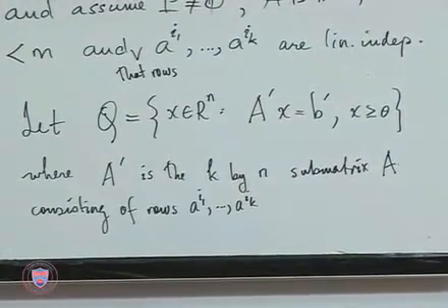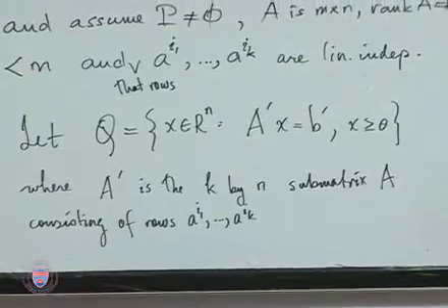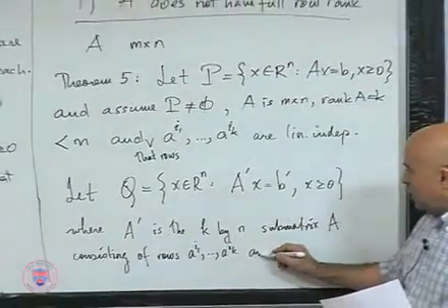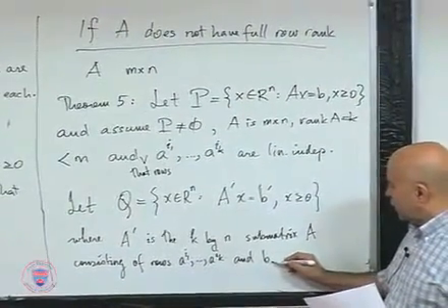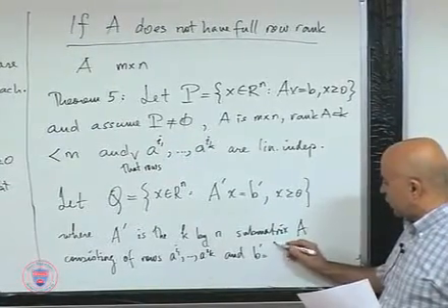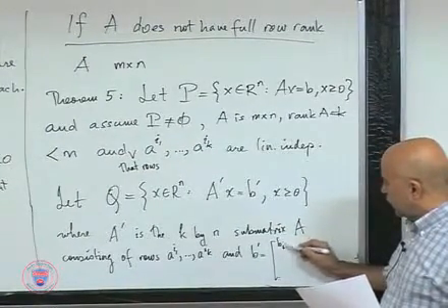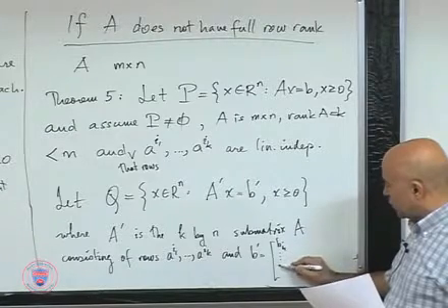You discard the remaining rows of A. And b' is defined similarly. It consists of the right-hand sides corresponding to these indices.